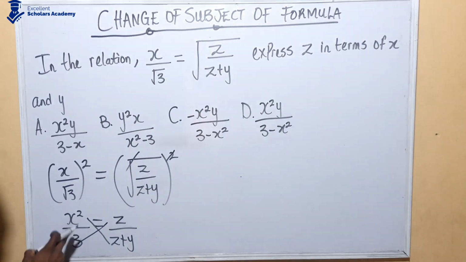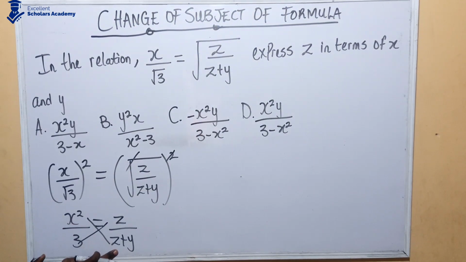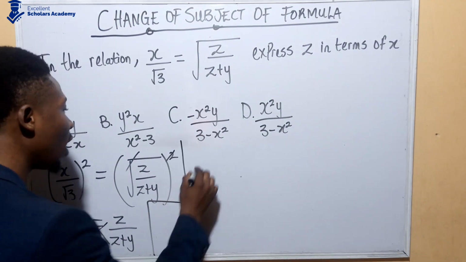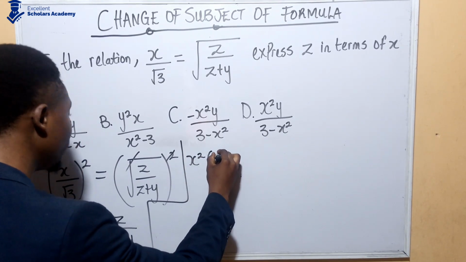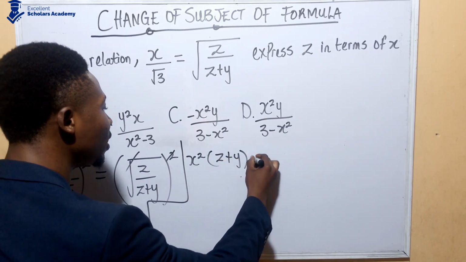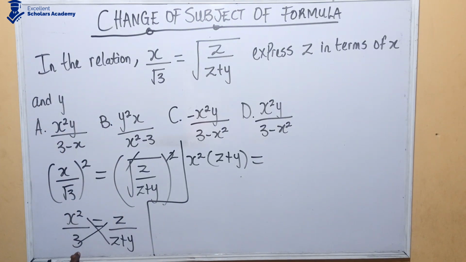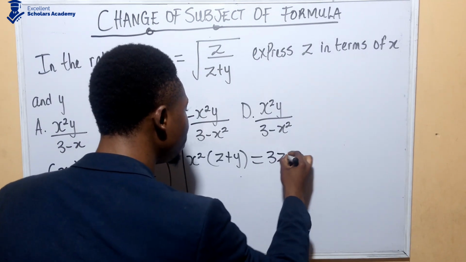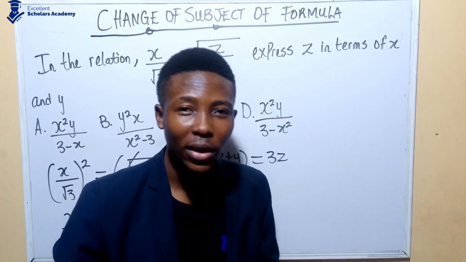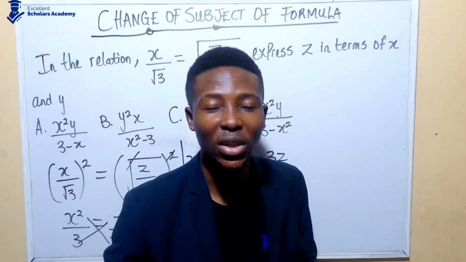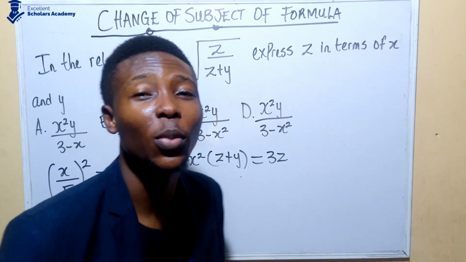Now, watch closely. This will be x squared times z plus y. So you have x squared into brackets z plus y, is equal to z times 3, which gives us 3z.